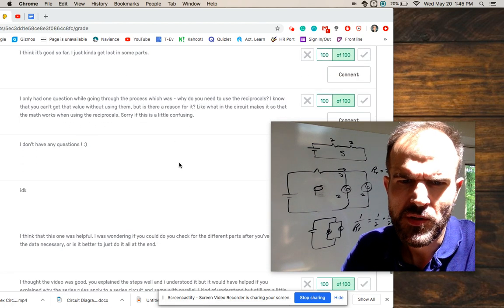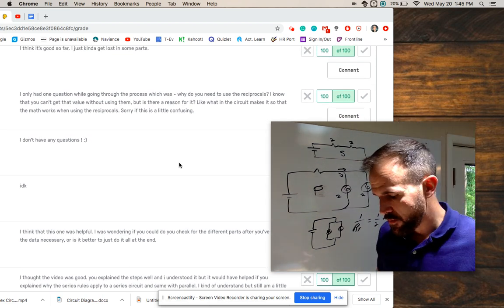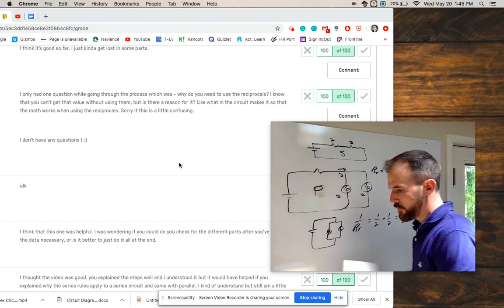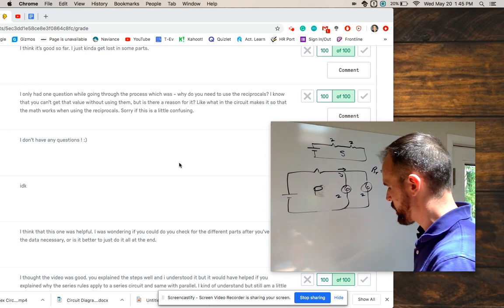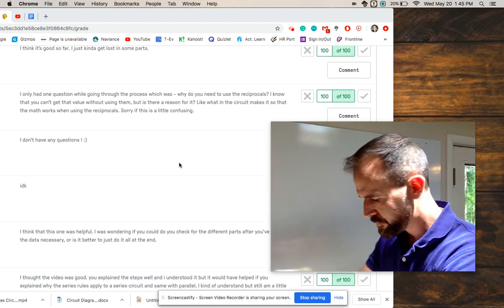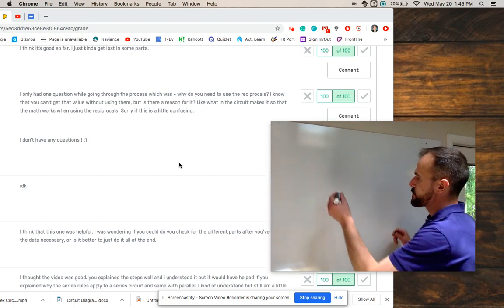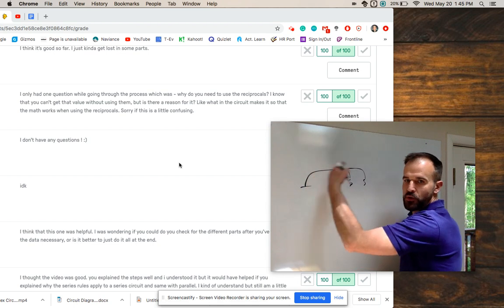Question going through the process: why do you need to use reciprocals? Why can't you get it without it? That's actually a really good question. Off the top of my head, let me just see how I understand it. With parallels, there are multiple pathways for the current to flow down.